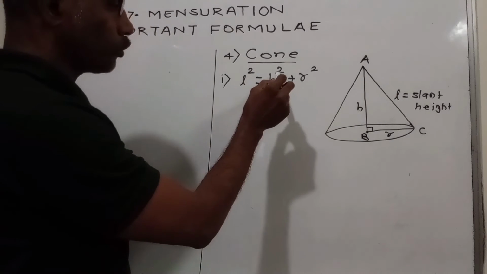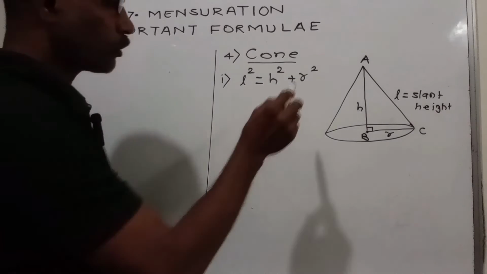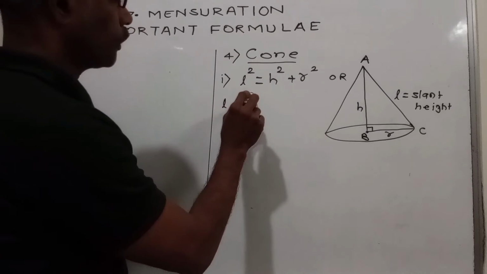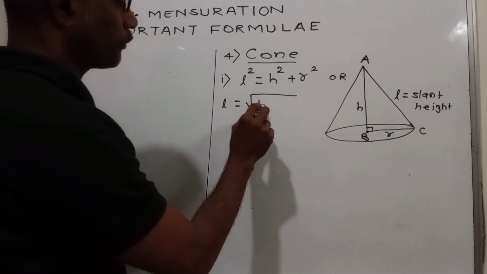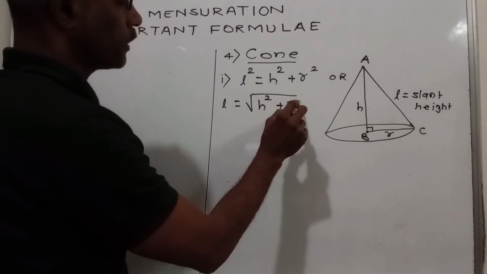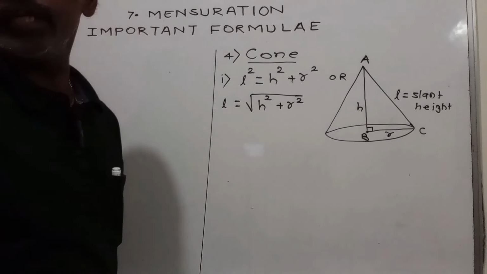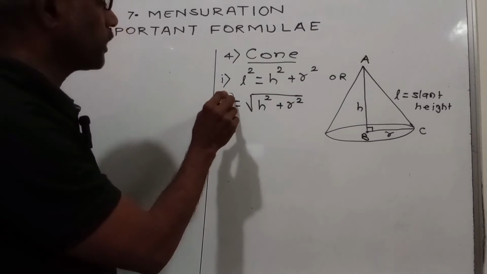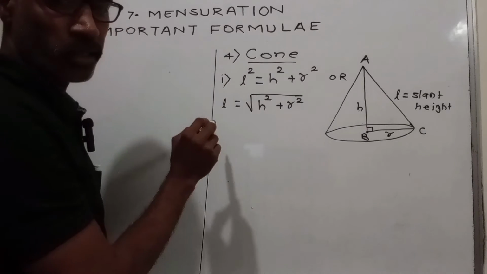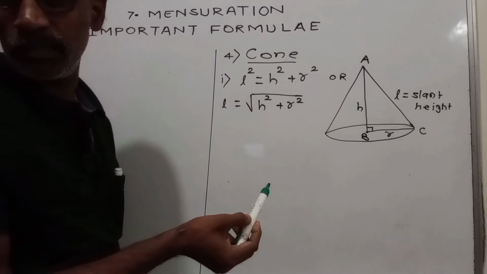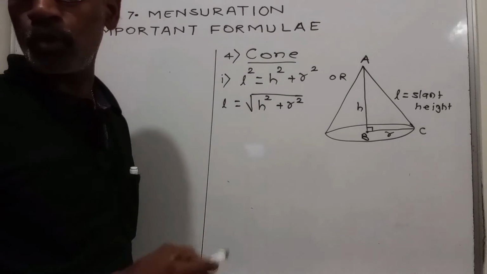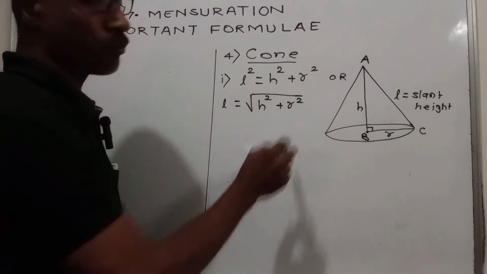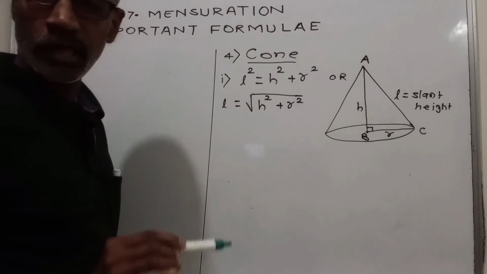So l square is equal to h square plus r square, or you write this way also, l is equal to square root of h square plus r square, means taking square roots of both sides. Here square root of l square, so square and square root cancel, but here there is a plus sign, so we cannot cancel this square root and squares. So this is another formula.